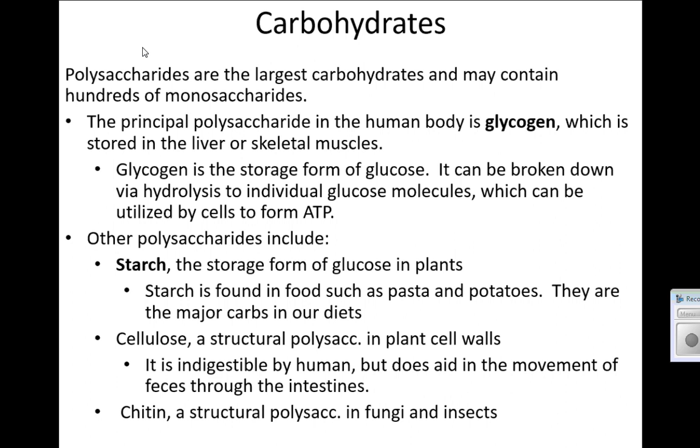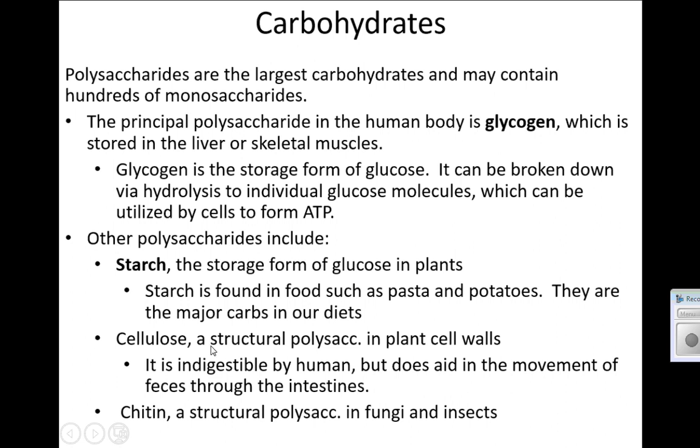Other polysaccharides include starch, which should be the most abundant carb in our diet. This is the storage form of glucose in plants, so it's essentially just like glycogen, except plants don't store glycogen, they store starch. Potatoes, people know pretty well that those are starchy, so is pasta.